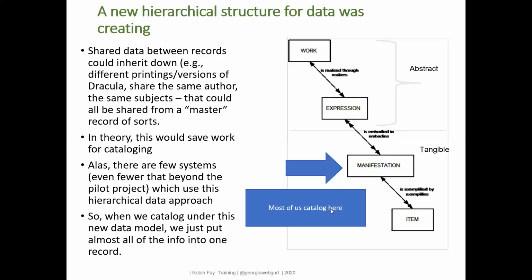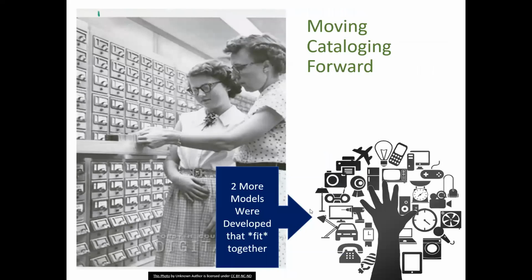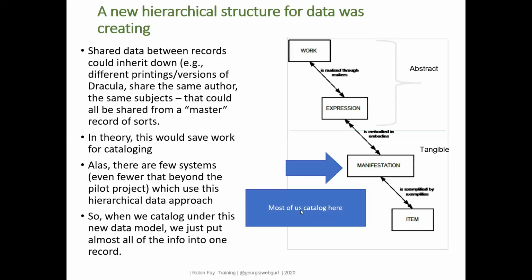Now, in the future, as we continue down this road of becoming more interconnected and moving ourselves forward into being a part of this larger web community instead of the card catalog, we may see something like this. So if you're out in the landscape or in the readings and you read or hear WEMI, that is Work Expression Manifestation Item.